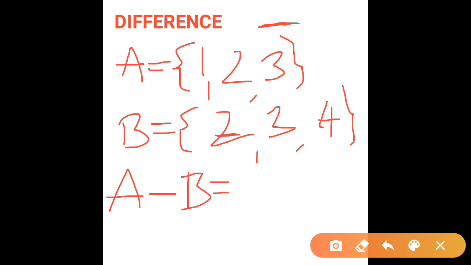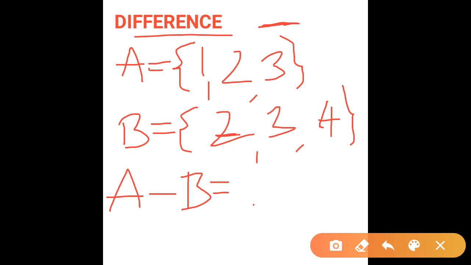So this is the most important operation. This is difference. In that, A has 1, 2, 3 and B has 2, 3, 4 elements. So first you should cut the common elements.